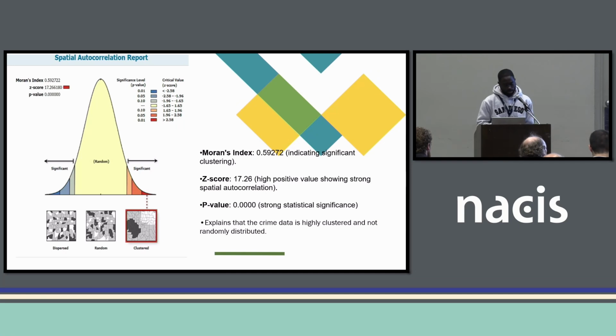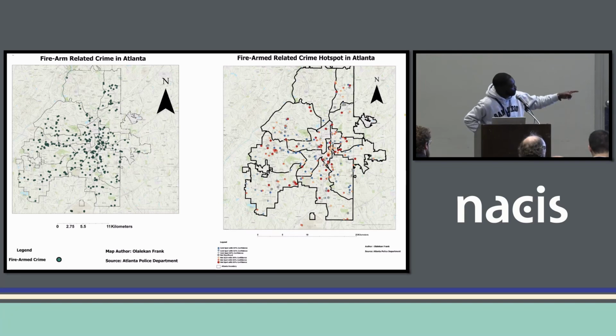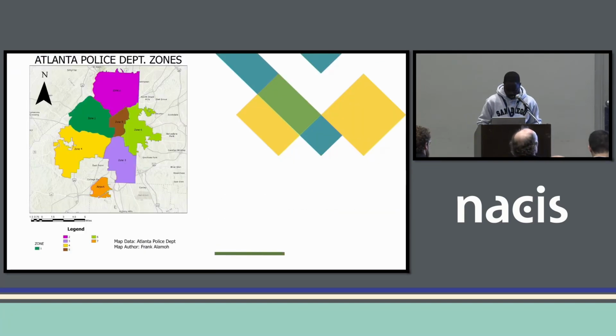Then I looked at the spatial correlation using Moran's I, and the index of 0.59 shows significant clustering. The z-score is 17.26, a high positive value showing a very strong spatial correlation. The p-value is 0.00, so it's statistically significant. This explains that crime data is highly clustered and not randomly distributed, which you can see in the maps here.